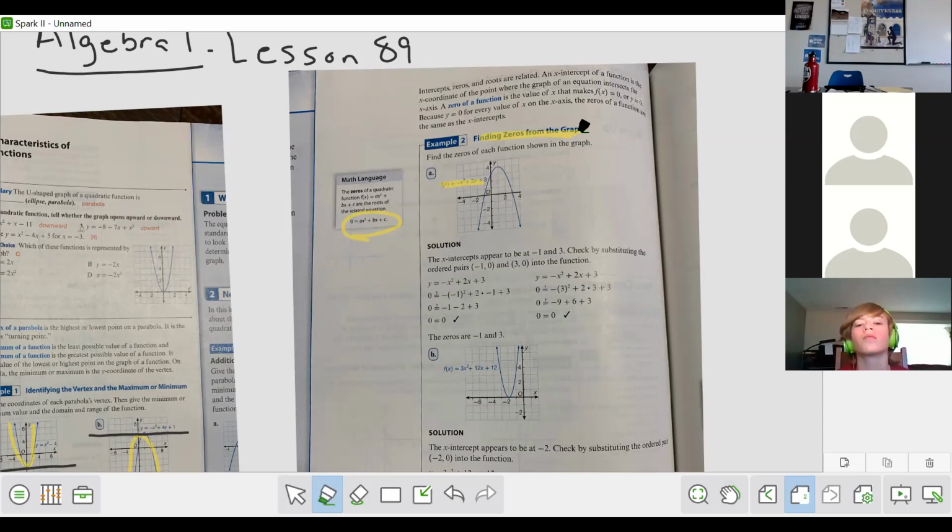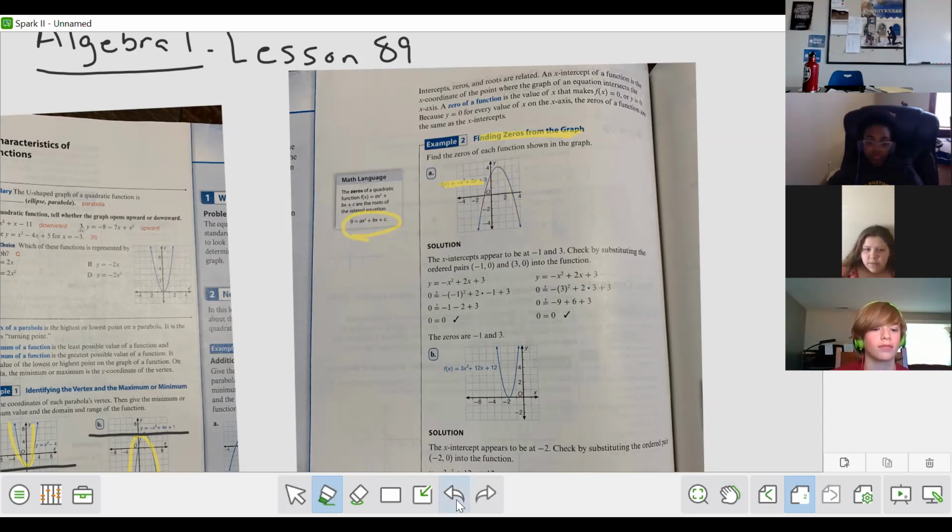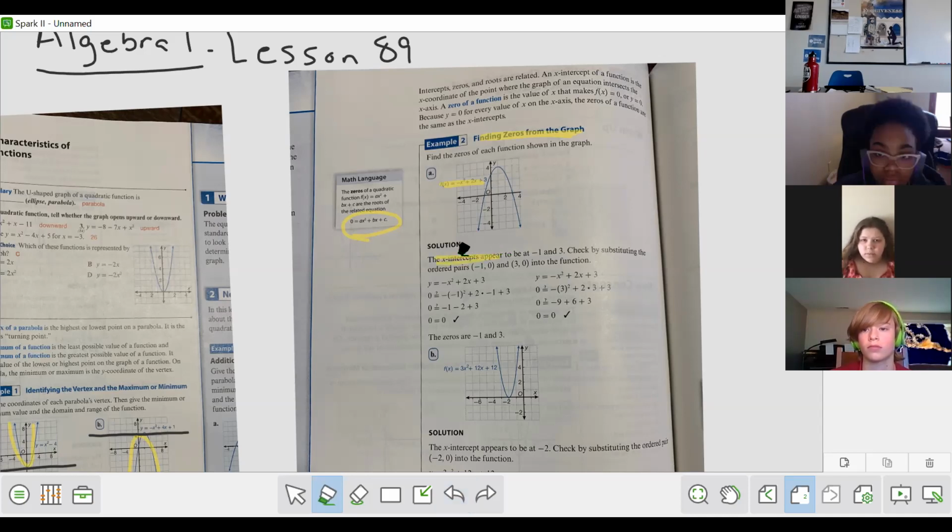Okay. But we're talking about parabolas here, which are these curved graphs, all right? And they're always in the form of x squared and an x. Notice the x-intercepts here appear to be 2 of them that cross the x-axis in 2 spots, there and there.